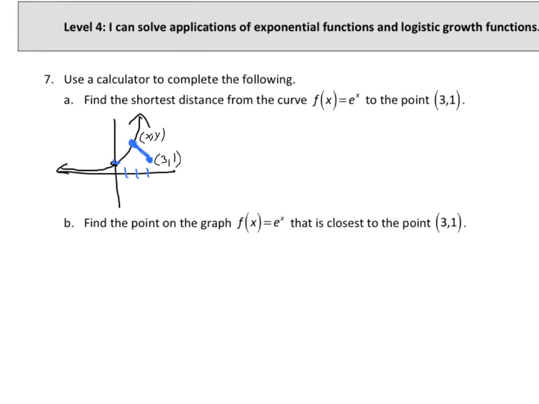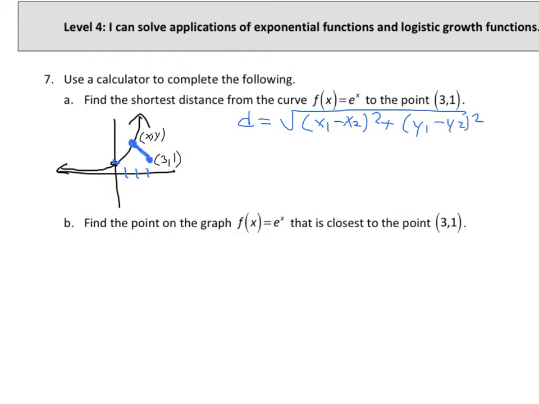So I'm going to set up a distance formula equation. And remember, the distance formula is a giant square root. We subtract the x's, x1 minus x2, square it, plus y1 minus y2 squared. And we want to write a formula for the distance between those 2 points.